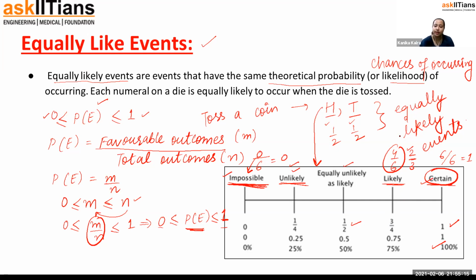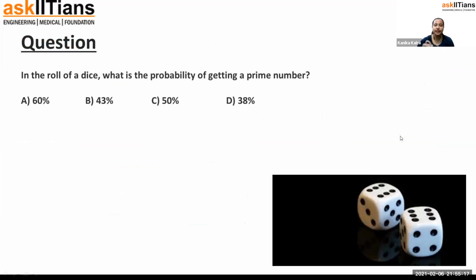All right. Now let's move further. Let's look at a question. In the roll of a dice, what is the probability of getting a prime number? Let's solve it without looking at the solution. First of all, let's talk about a sample space.